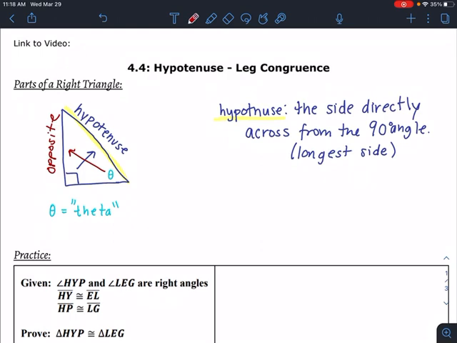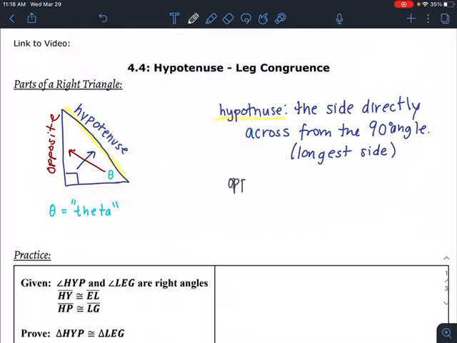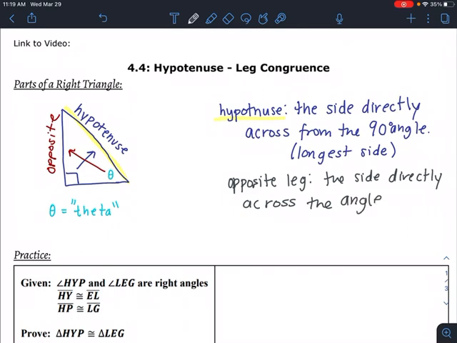I'm going to go ahead and write this out. The opposite leg is the side directly across the angle theta.